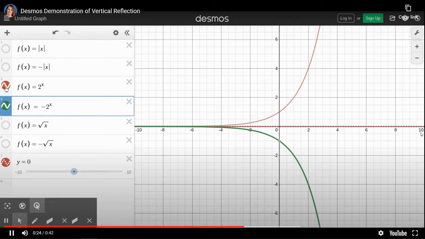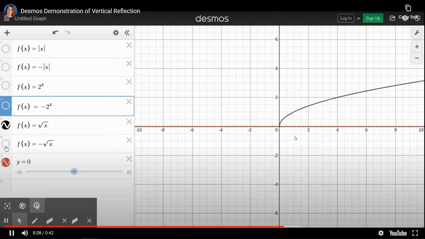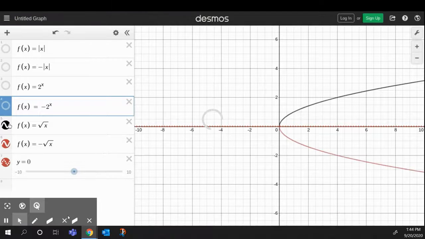I put in a dotted line on the x-axis to help us see that reflection line. Now we have the square root, and then we have the negative square root. With the square root, the parent function is a limitation of the northern side. If we want to see the southern side, we have to do the reflection.